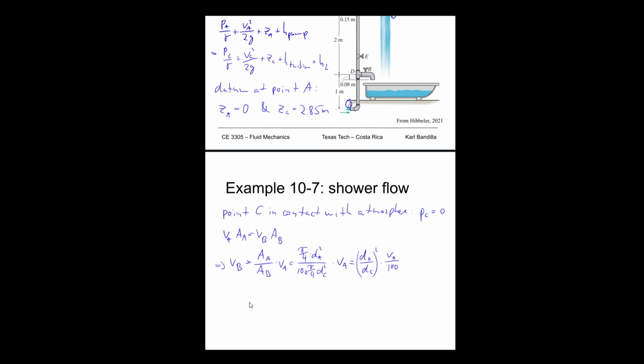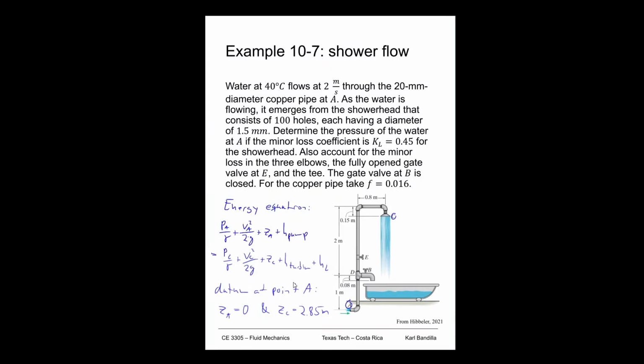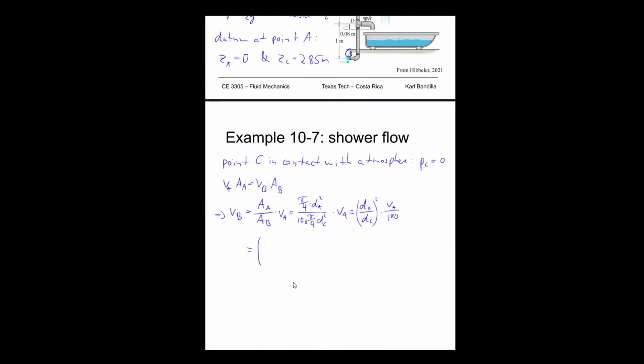All right, so let's plug that into our calculator. So we have dA is 20 millimeters. The holes were 1.5 millimeters. Well, we don't have to change the units because they cancel out.